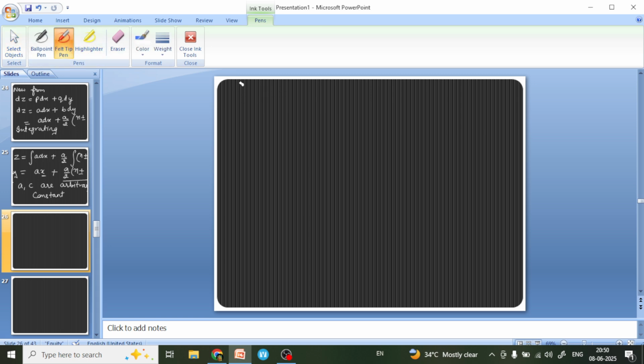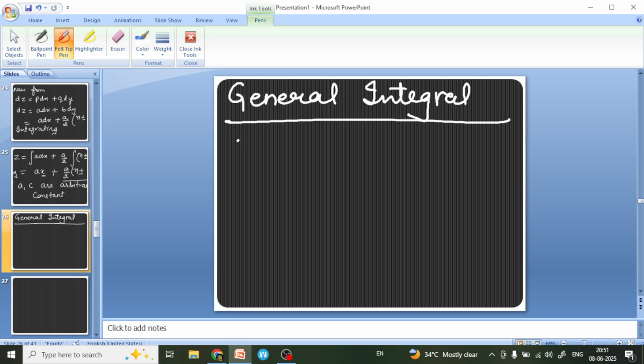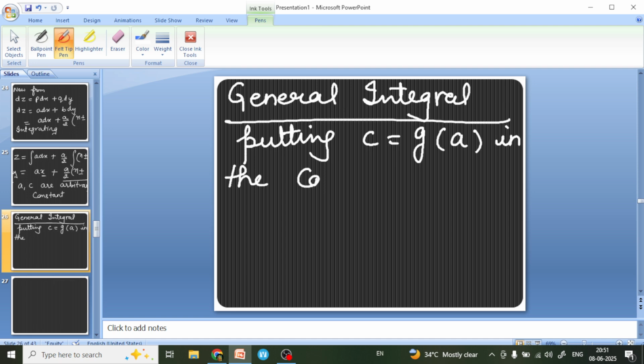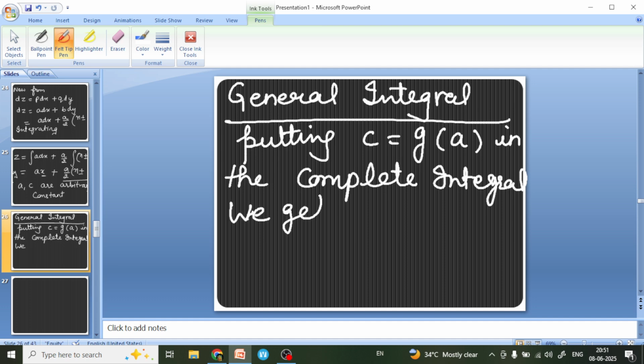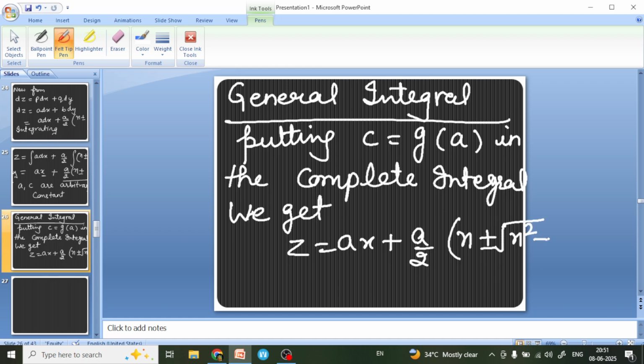Now next is the general integral. In case of the general integral, we put c is equal to g of a in the complete integral, and we get z is equal to ax plus a over 2 bracket start n plus minus square root of n square minus 4 bracket close y plus, instead of writing c, we write g of a.